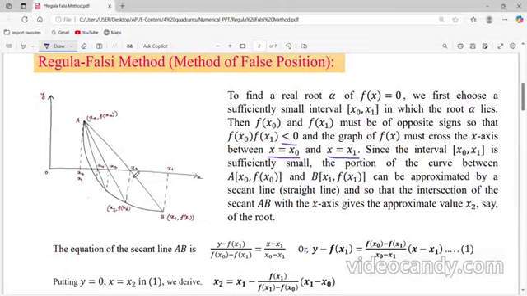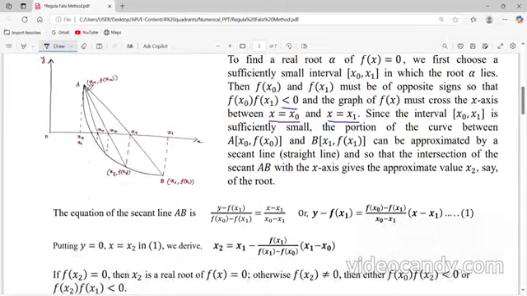So the equation of the secant line AB is (y minus f(x1)) divided by (f(x0) minus f(x1)) equal to (x minus x1) divided by (x0 minus x1). Keeping this in the left hand side, y minus f(x1) equal to f(x0) minus f(x1) in the numerator, and in the denominator we have x0 minus x1, multiplied by x minus x1.